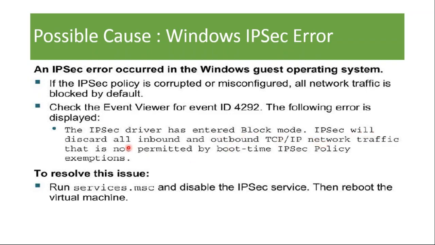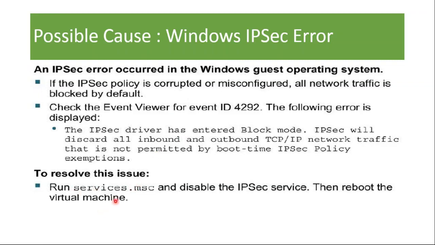IPsec will then discard all inbound and outbound TCP/IP network traffic. So if you see this error, it means the IPsec drivers are corrupted, and you have to reinstall them. Only then can your virtual machine allow network traffic at the guest OS layer.